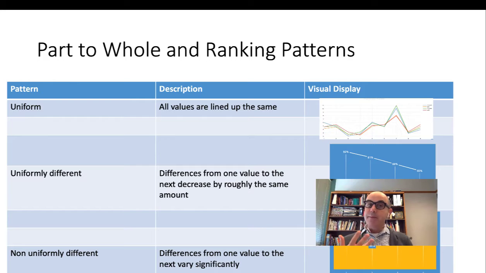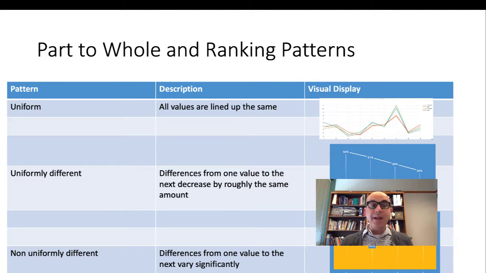With part to the whole or ranking patterns, we can find different elements or paradigms that show how to apply different patterns in the visual in order to tell the story or to display the data.